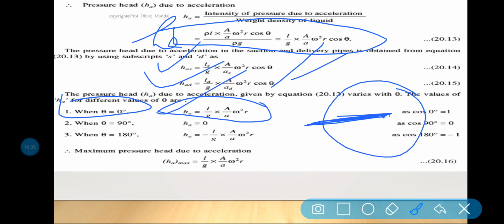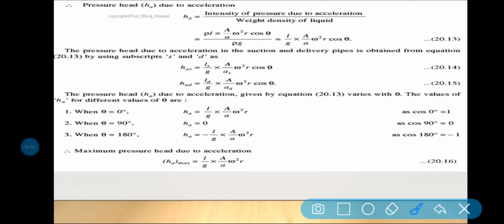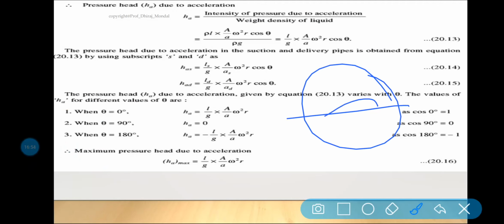When theta is equal to 90 degrees, cos 90 is 0, so H is equal to 0. And when theta is equal to 180 degrees, cos 180 is equal to minus 1, so the equation will be minus L by g, A by a omega square r. I hope it is clear.